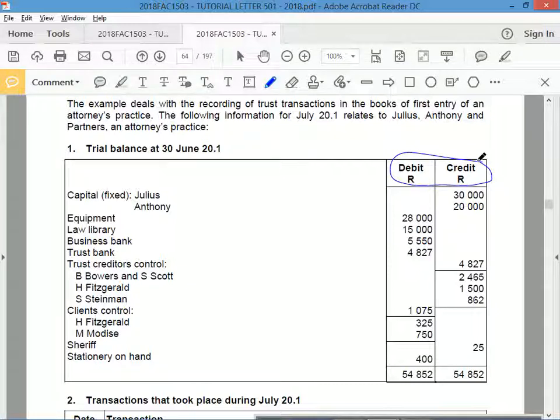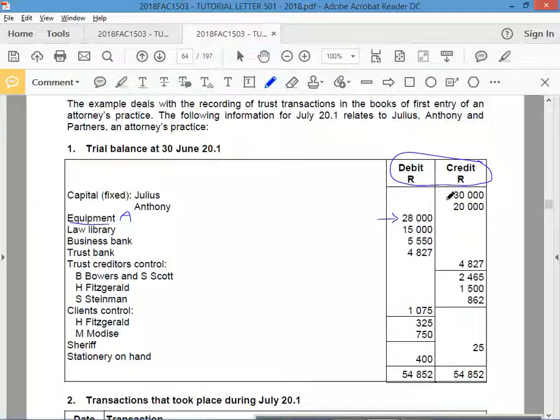Remember you had that table in the first 3 sets of notes, the units in your additional notes. You can now add to that table. Equipment, you've probably already got in your table. Equipment is what? An asset. Because I know it's an asset, that's why it's a debit.